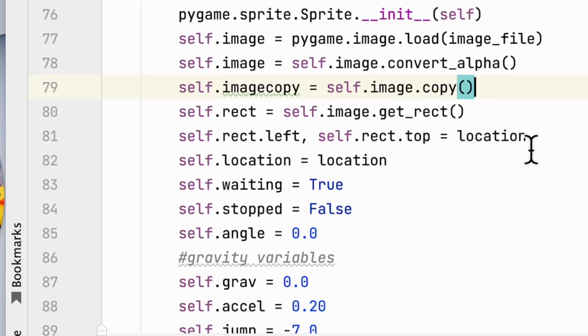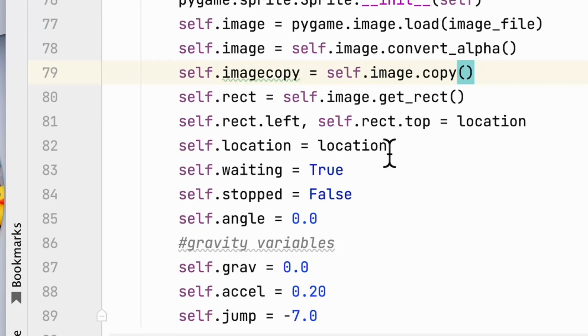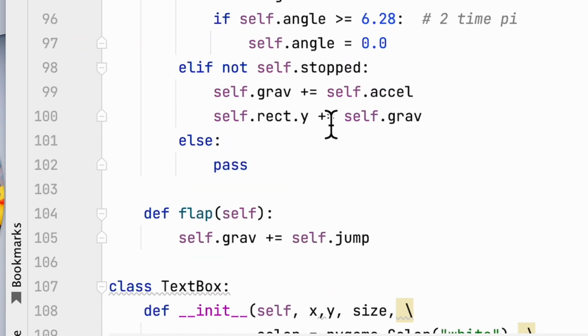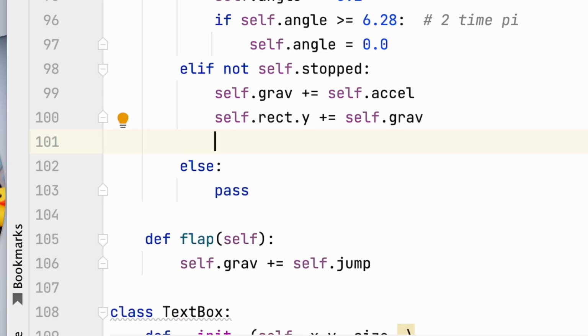Now, when we go down into our bird class, into update, on lines 98, 99, 100, this is where we are calculating how far the bird is falling and where the bird is being drawn, that's at self.rect.y. Let's talk about gravity for a second.